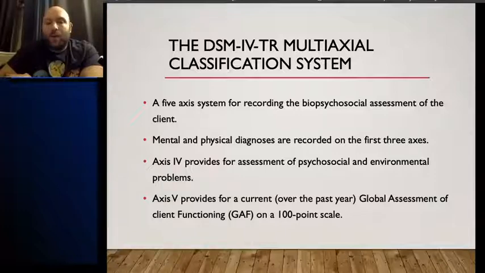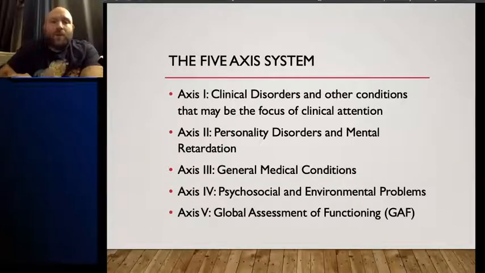So on axis 1, we have all the disorders, right? So we're talking about how you would write this down in your notes. We would have one line, axis 1, that's all the disorders except for personality disorders and intellectual disability, what used to be called mental retardation.